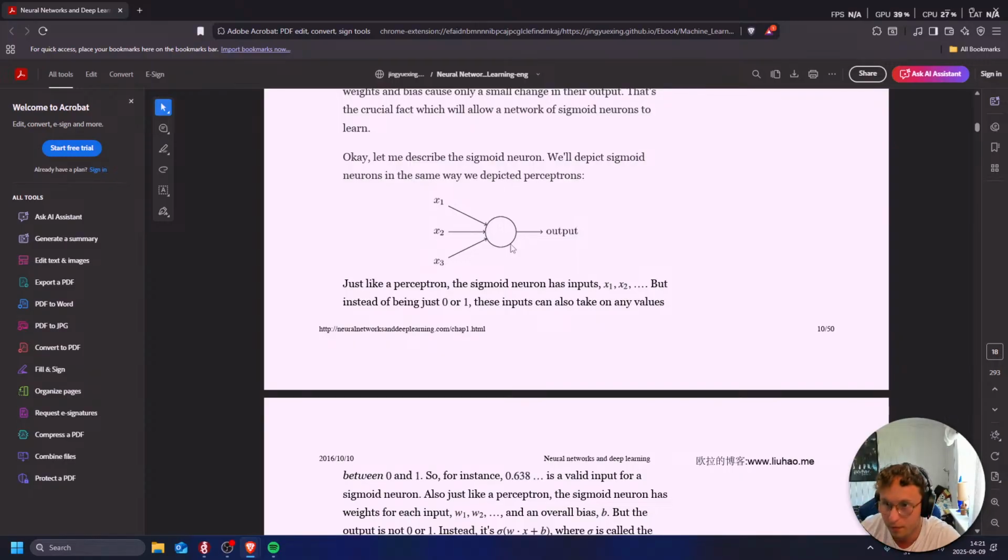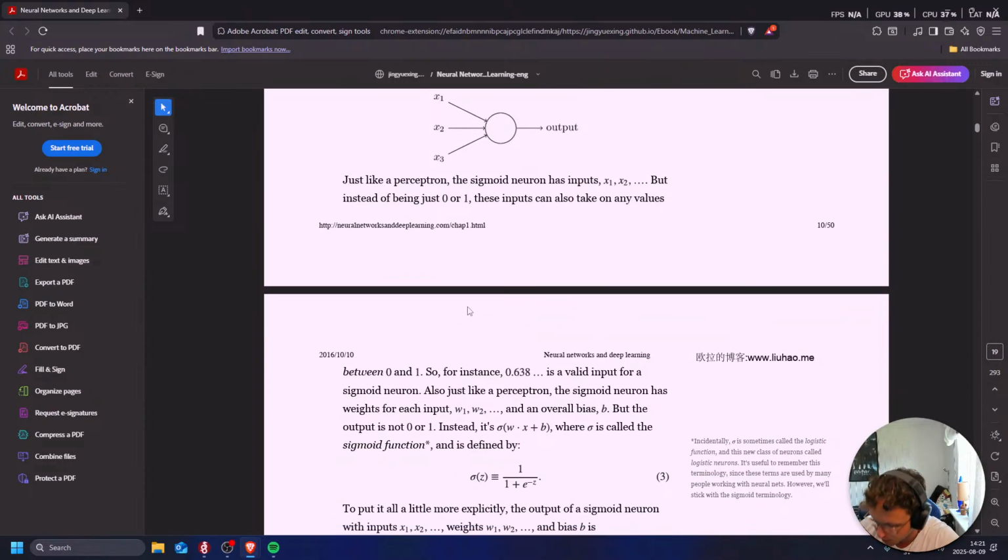But instead of being just 0 or 1, these inputs can also take on any values between 0 and 1, by the way, just so we make that clear.